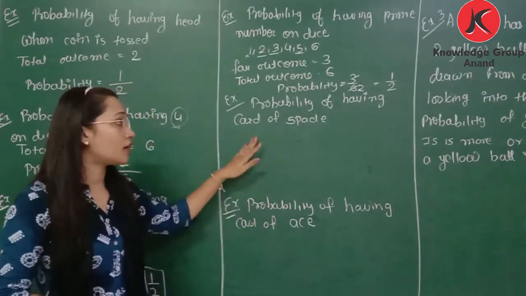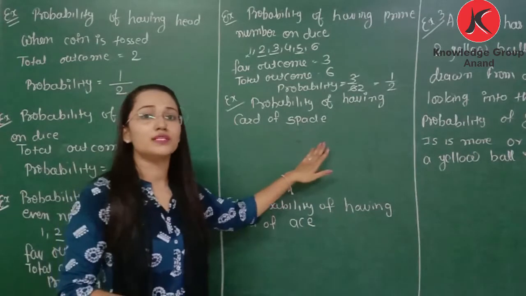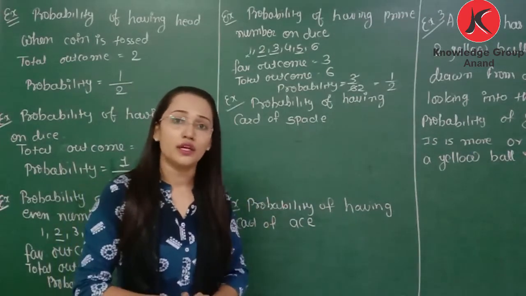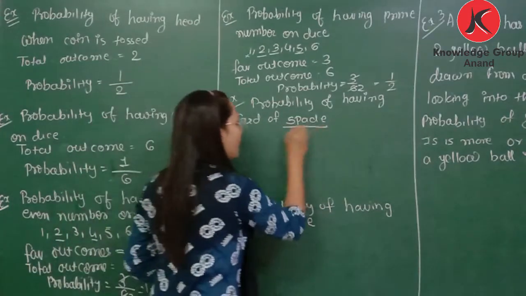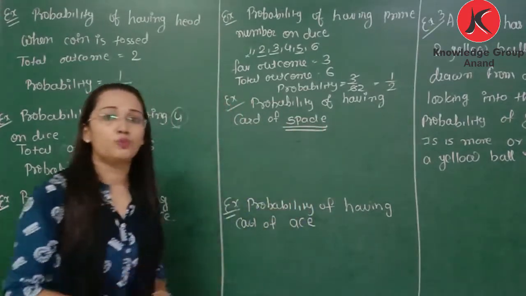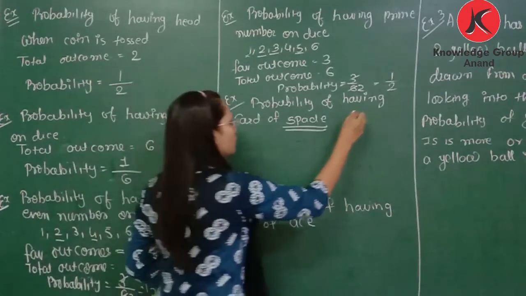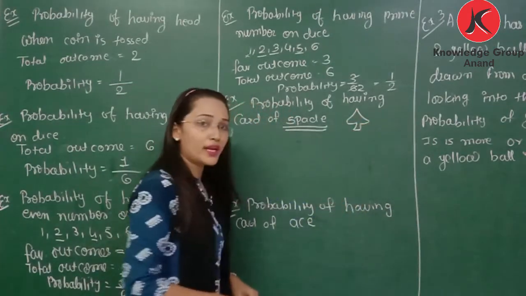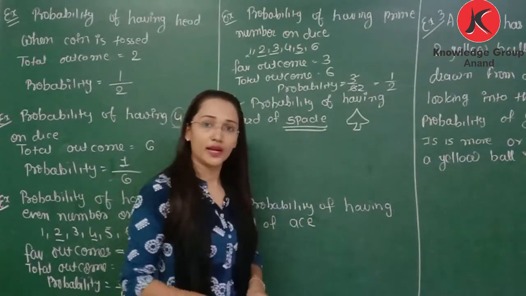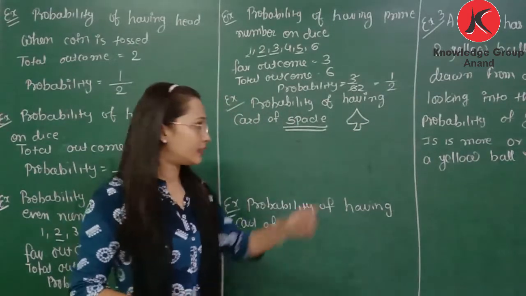So there are 13 plus 13 plus 13 plus 13, 52 cards in a bundle of cards. So how many cards contain spade? That is this symbol. How many cards contain this symbol? There are 13 cards total that contain this symbol.